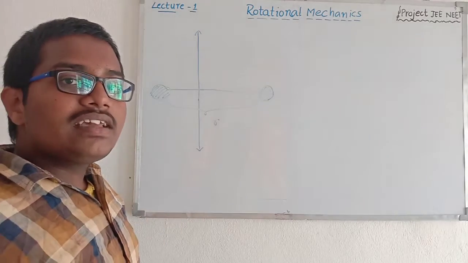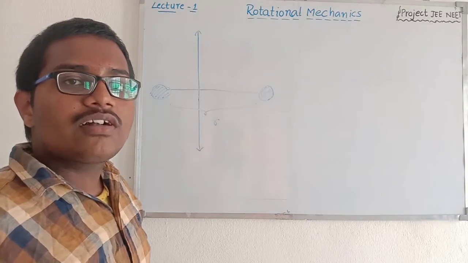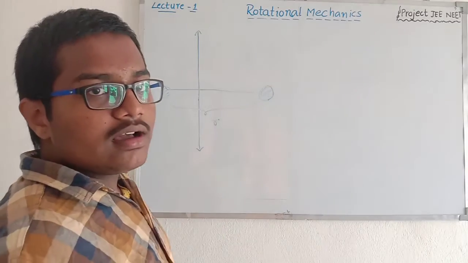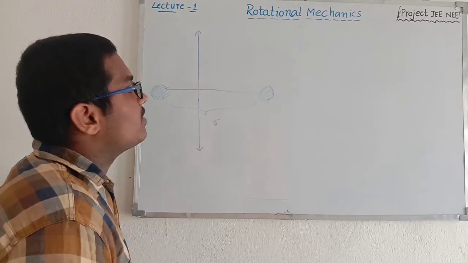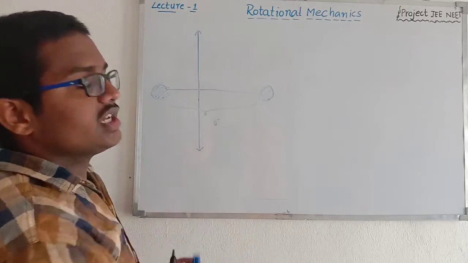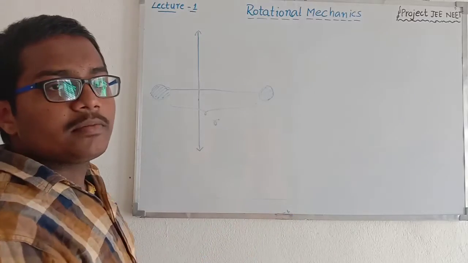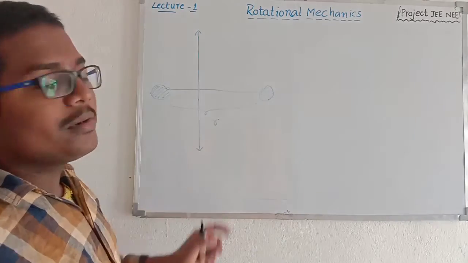Then, if he asks you to calculate the moment of inertia of this total system, what will we do now? There is a separate formula and separate method for this type of problem. So first of all, note this question, and in the next discussion I will explain the theory, where we will be deriving the result of this moment of inertia.